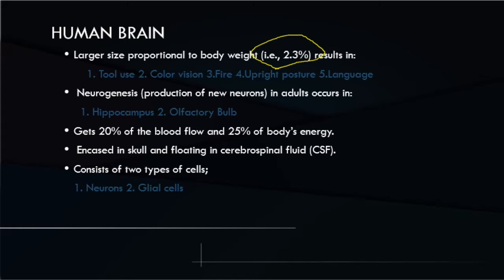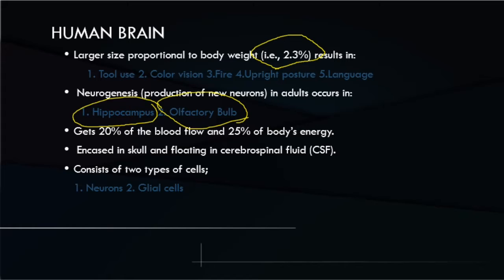Only 2 parts of the brain in grown-up people make new neurons, and that's the olfactory bulb and the hippocampus. The hippocampus is responsible for learning and memory, so it has to constantly produce new neurons with the new information. So you're always adding to your knowledge and your memory, and that takes place in the hippocampus. And in order for that to happen, it needs to produce new neurons. So only 2 parts of the brain produce new neurons in grown-ups, the olfactory bulb and the hippocampus.